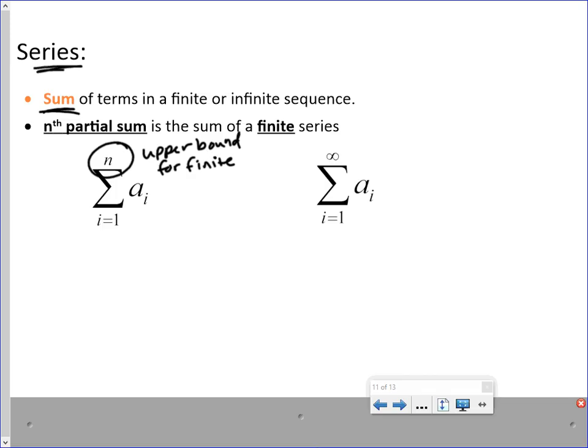If I see in my upper bound that I have an infinity sign there, that's an infinite sum or infinite series. And not all series have a sum if you go to infinity, but some do. So you might see some that are infinity and you should not be alarmed. It just means infinite sum.